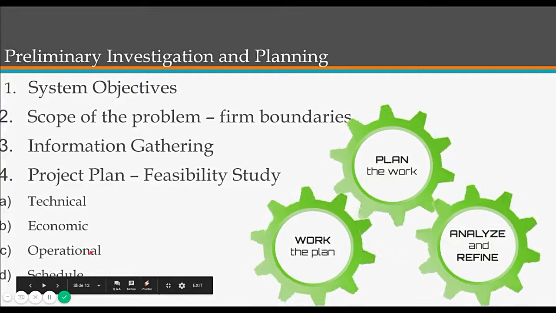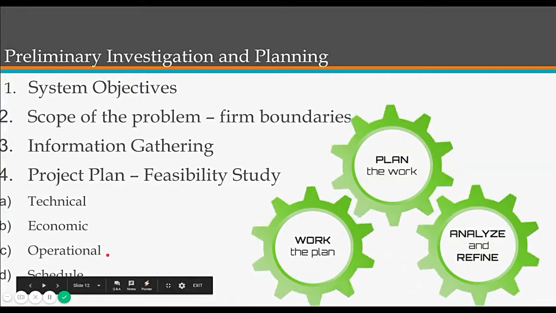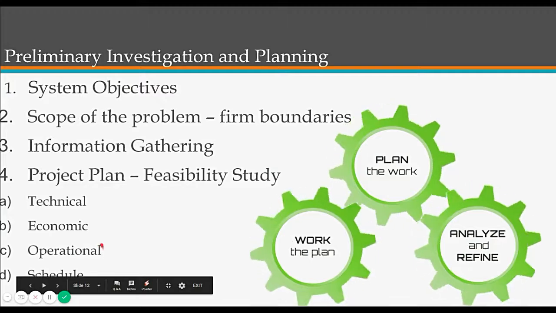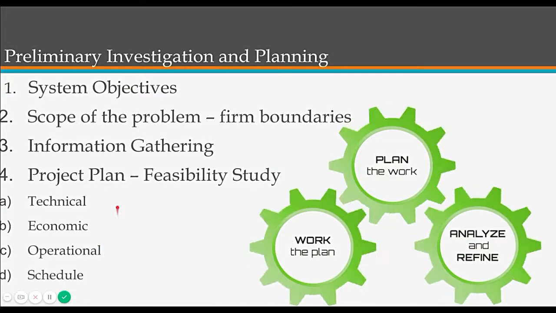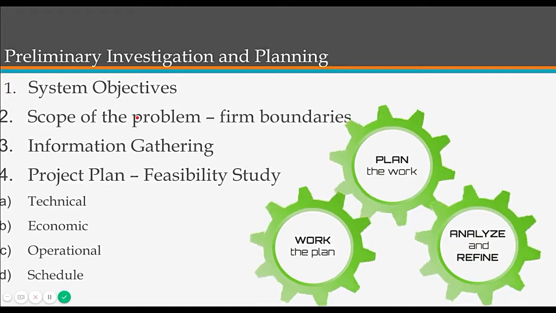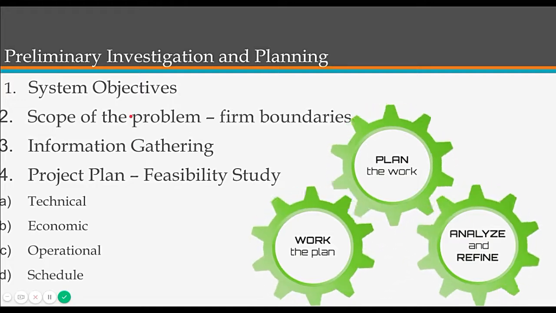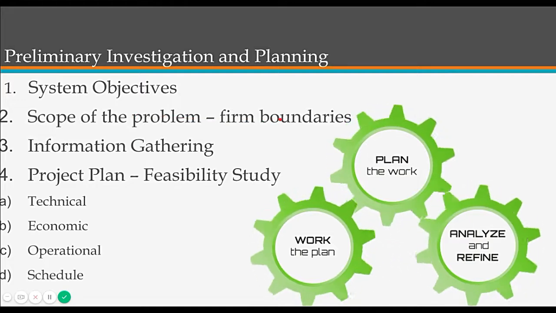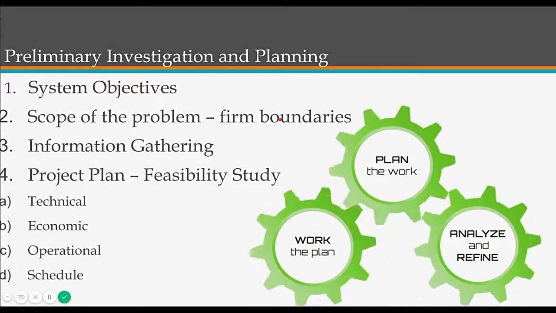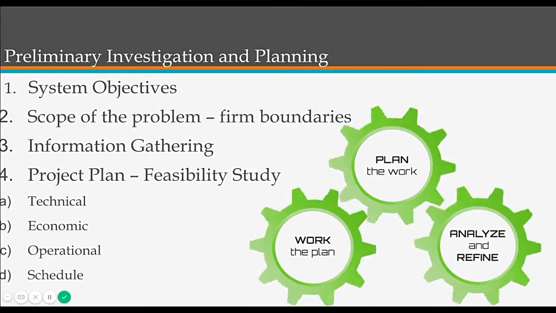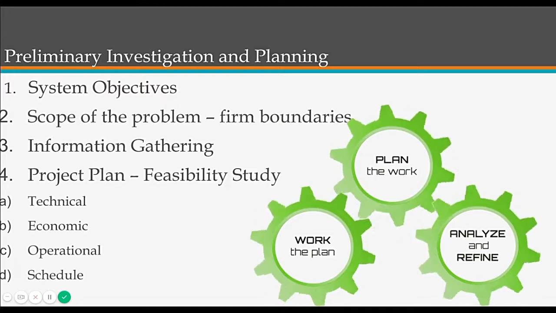So, preliminary investigation and planning. It's all about system objectives and the scope of the problem. Of course, you must have firm boundaries on the scope, otherwise it will be a never-ending loop.